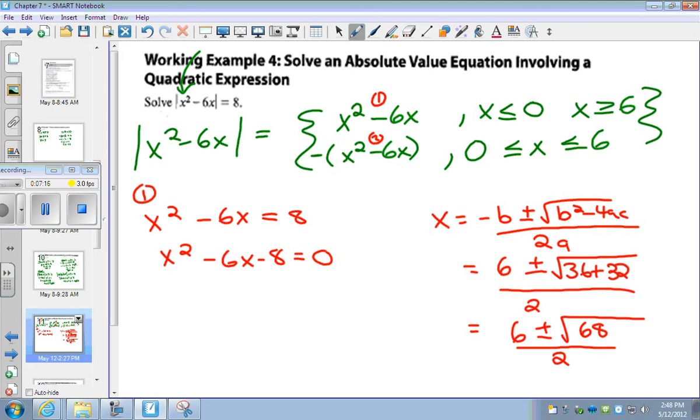Oh dear, 16? 68 is 16 times something, I believe. Let's look at 68 on my calculator here. 68 divided by 16. No, I was wrong. 68 divided by 4 is 17 times 4.